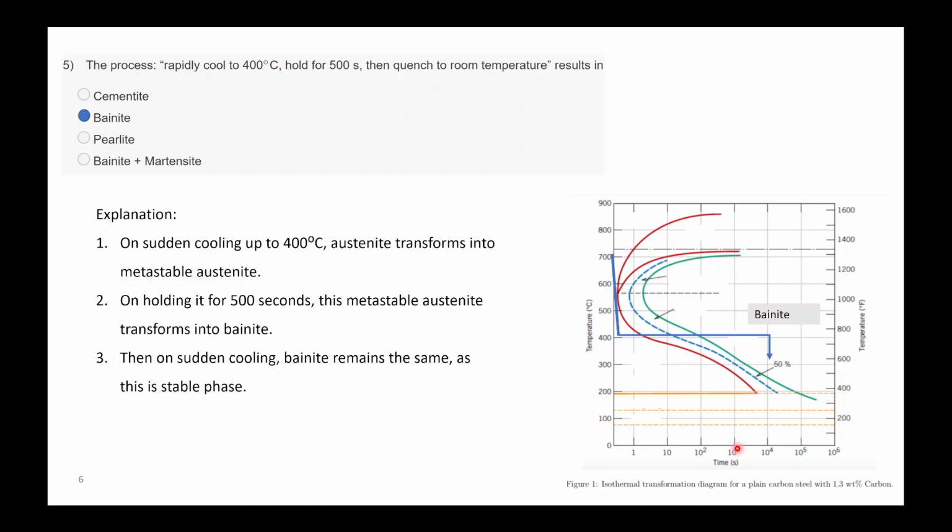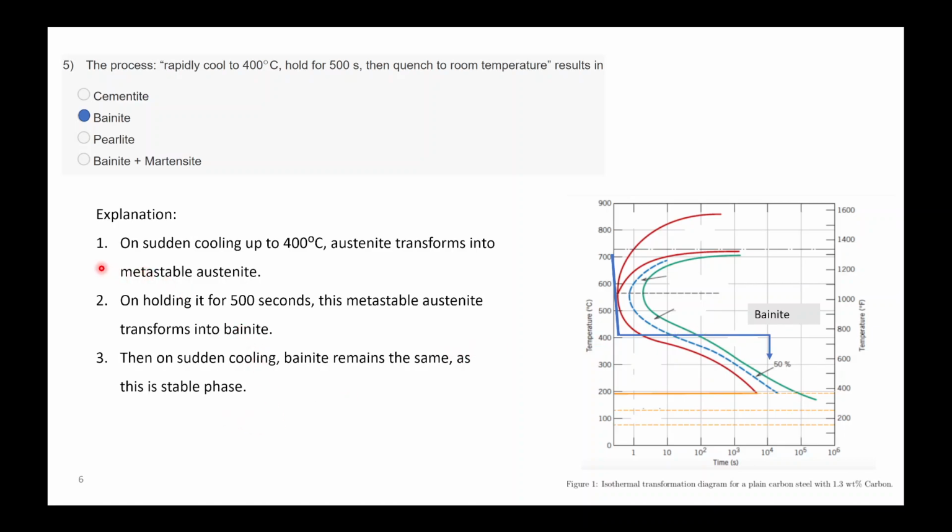You are holding for 500 seconds, and 500 is more than 100, so it will be a complete bainitic structure.